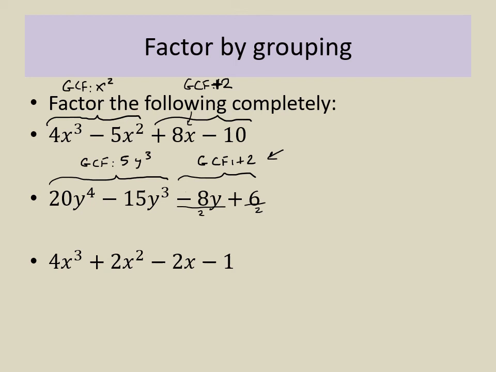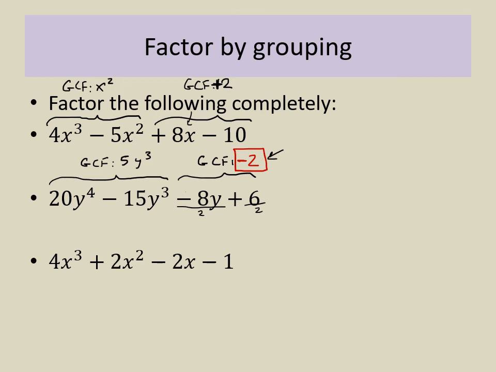Well, the trick here is that instead of factoring out a positive 2, you can factor out a negative 2. This is the trick here. You can factor out a negative with the greatest common factor. When you factor out a negative, all the signs get changed. Let's see how that works.